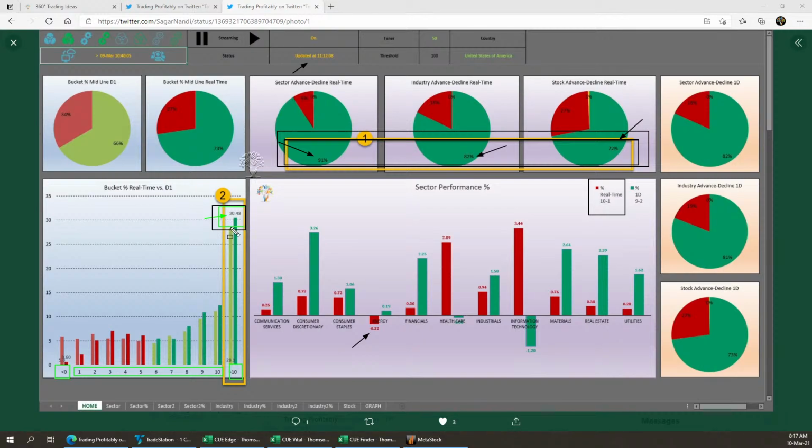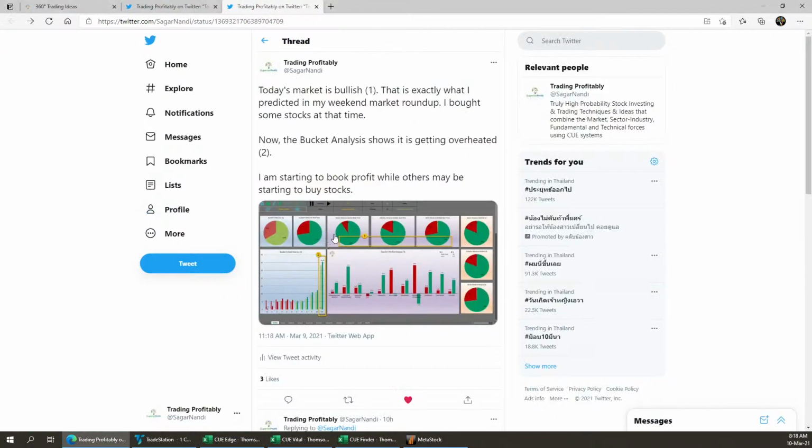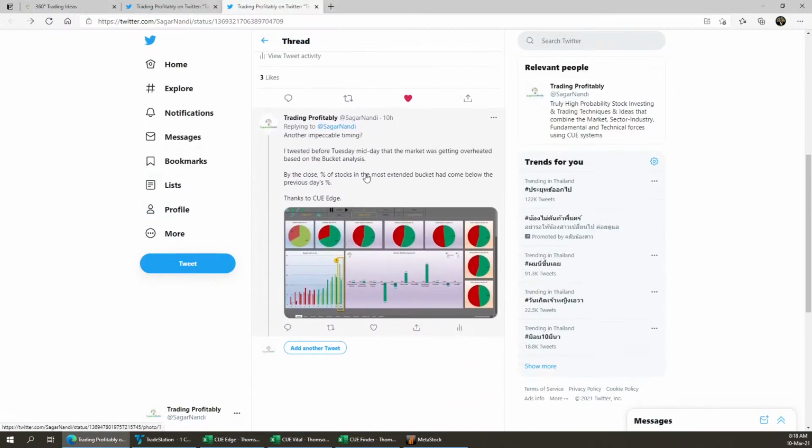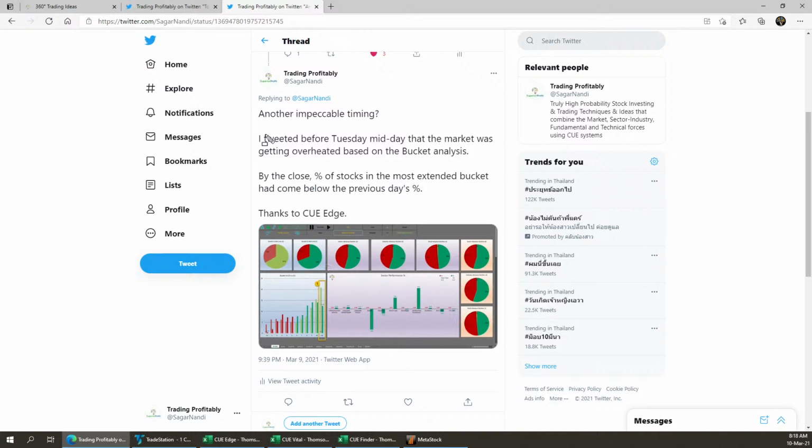This bucket analysis is useful, and the fact that it is real-time makes it, I would say, extremely useful. Like in this case, I started booking profit, and let's see what happened at the end of the day. I tweeted after the day's close, another impeccable timing. By the close, the percentage of stocks in the most extended bucket actually came below the previous day's percentage.